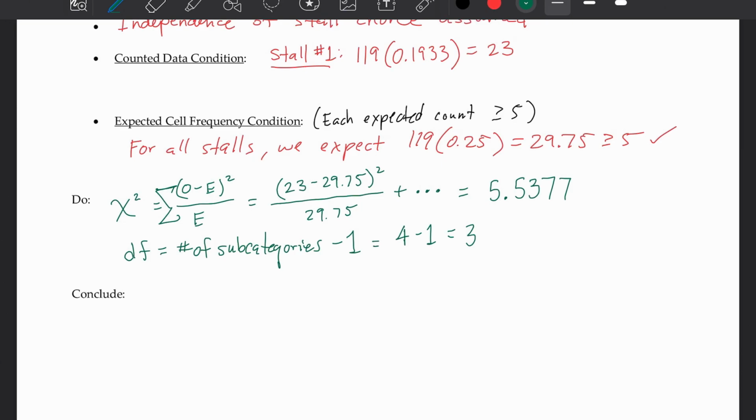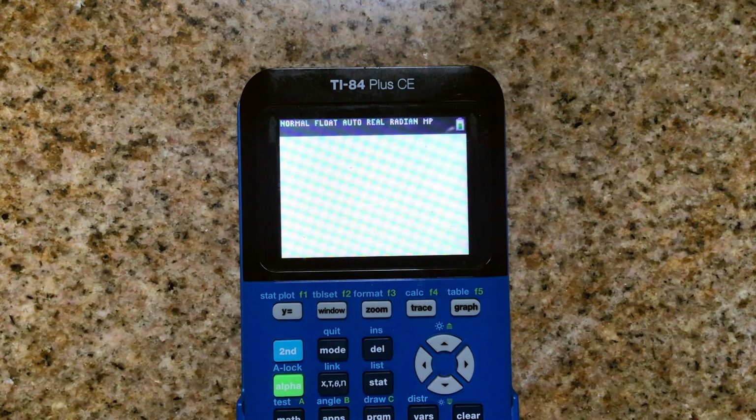So at this point, it's important to now move over to the calculator. I'm going to show you 2 different ways to do this. The first is when you know your chi-squared and degrees of freedom, but then I'll also show you how to just use the calculator to do the whole do step and find chi-squared as well as your p-value.